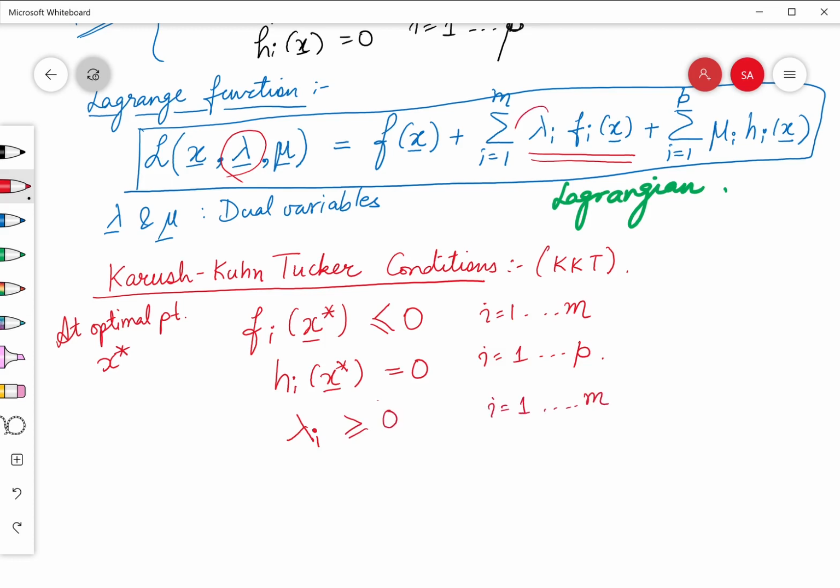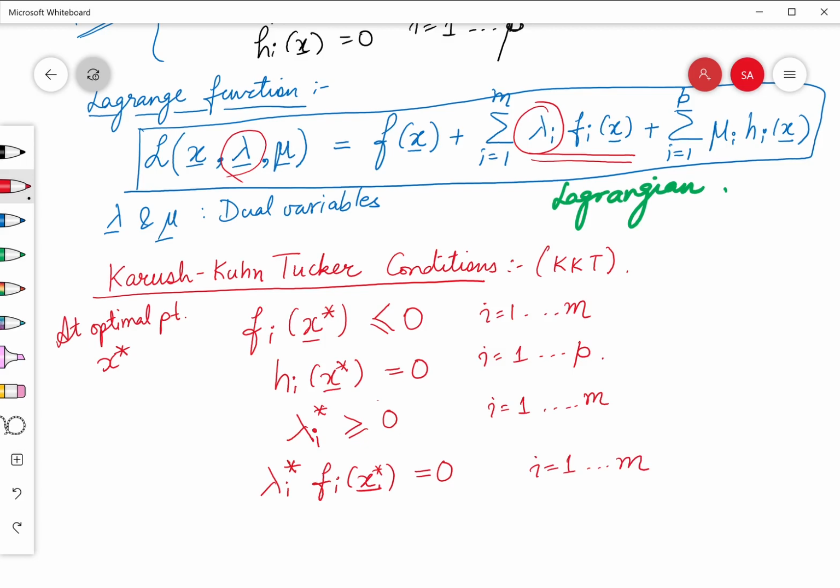The other condition is lambda i times fi of x star should be equal to 0 for all i going from 1 to m.